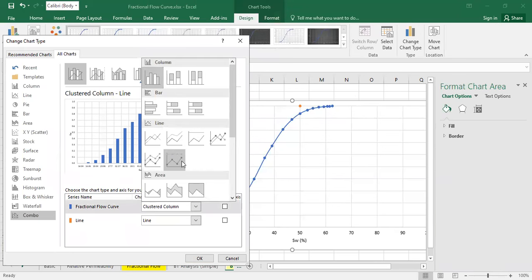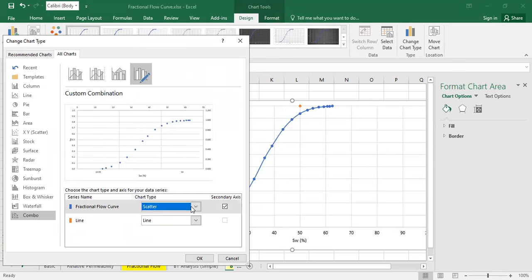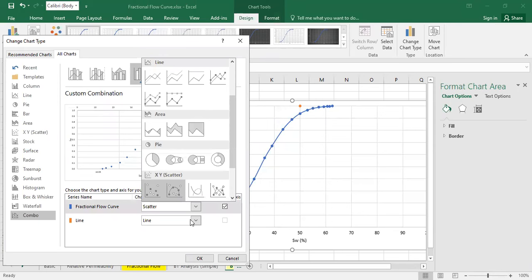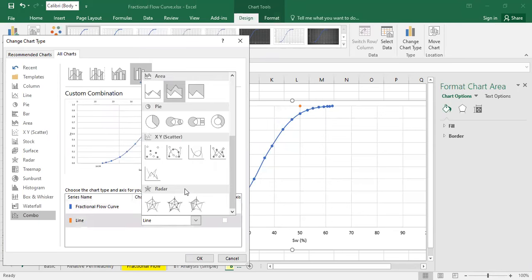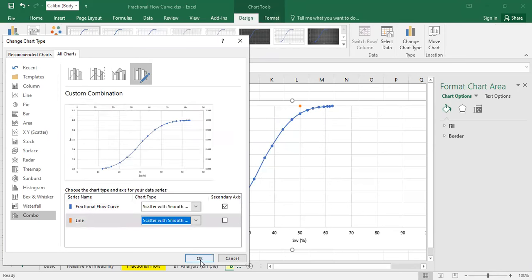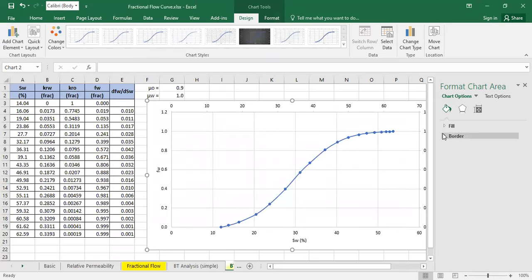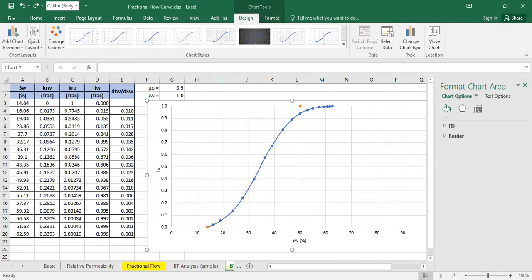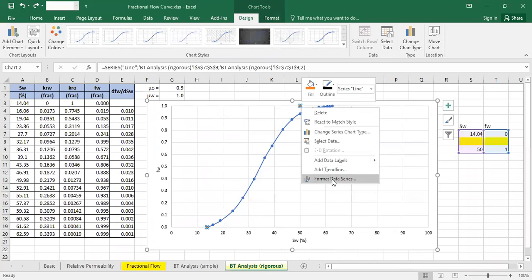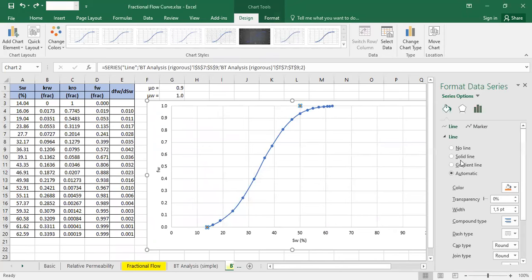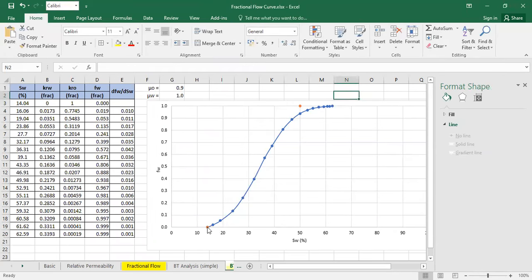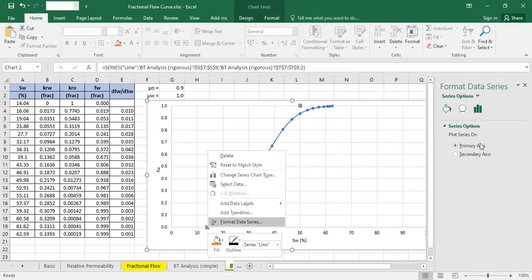This one will be line, and maybe slim, an easier one, just show the line, solid line.